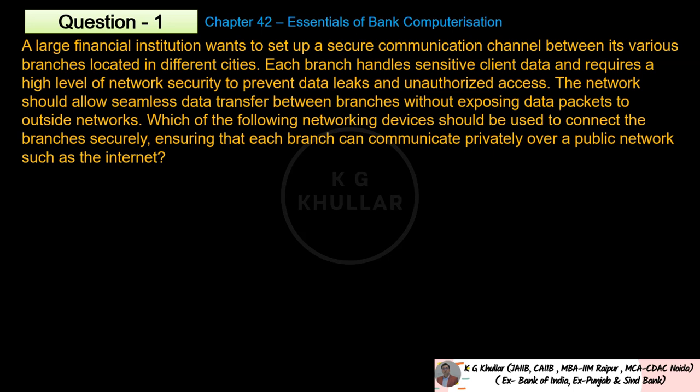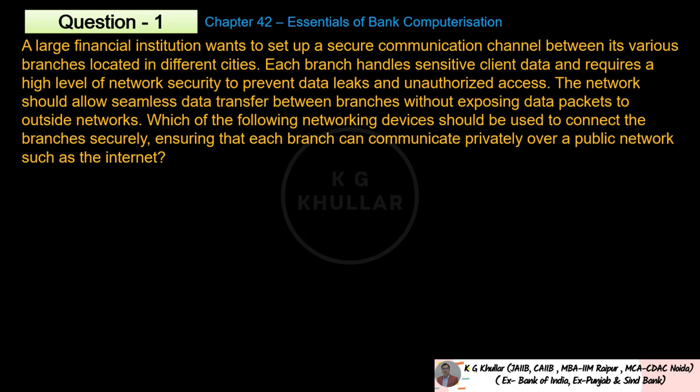Each branch handles sensitive client data and requires a high level of network security to prevent data leakage and unauthorized access. The network should allow seamless data transfer between branches without exposing data packets to outside networks. Which of the following networking devices should be used to connect the branches securely, ensuring that each branch can communicate privately over a public network such as internet?